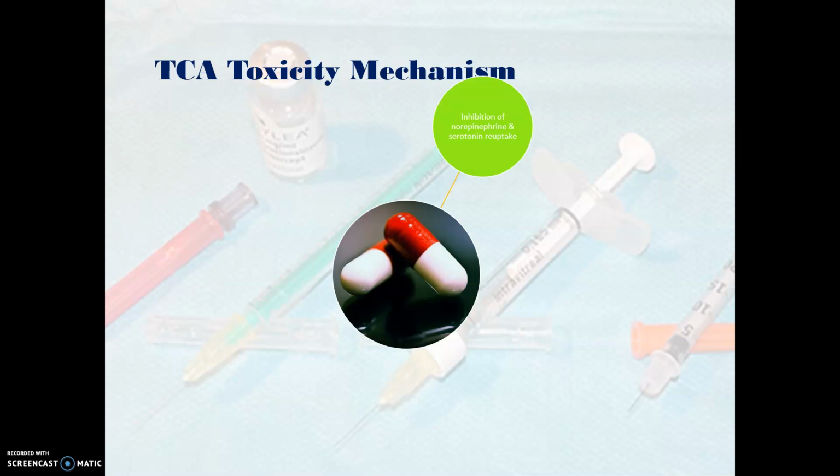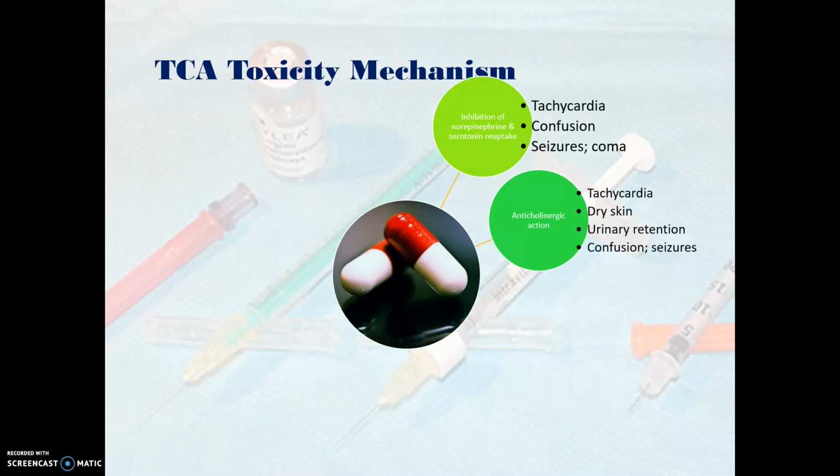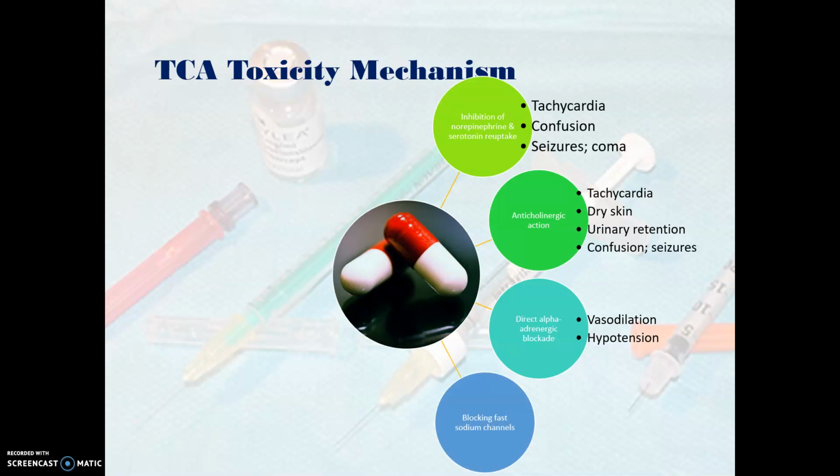They inhibit norepinephrine and serotonin uptake, which can lead to tachycardia, confusion, seizures, and coma. They have an anticholinergic effect, which can cause tachycardia, dry skin, urinary retention, and again confusion. They actually have direct alpha-adrenergic blocking effects, causing vasodilation and hypotension.